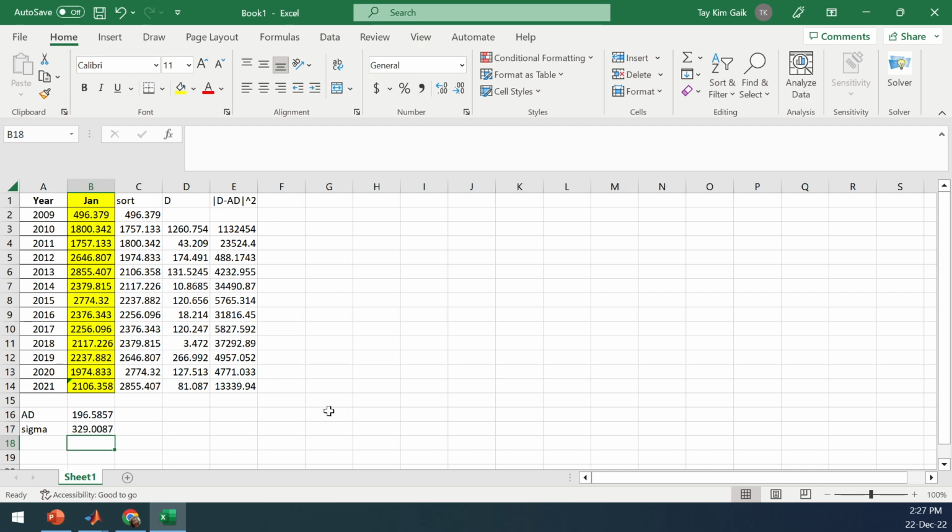So the sigma, and then the distance means the difference between these two data. Sorry, before that, before you find the D, hold on.